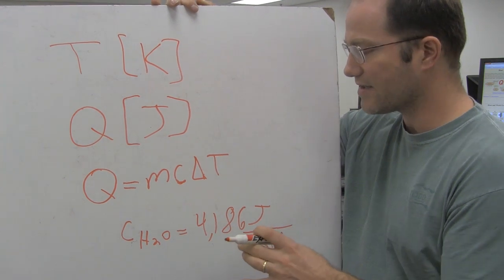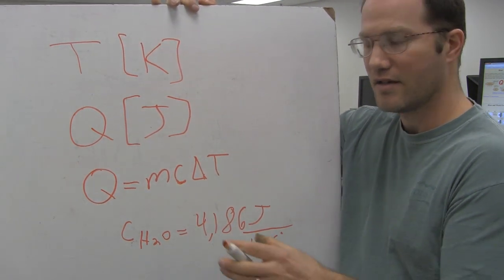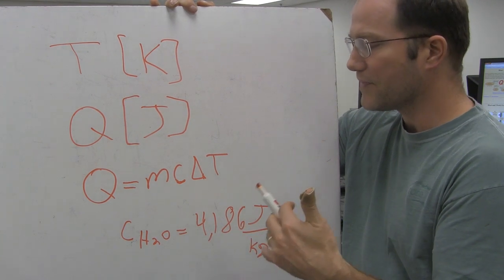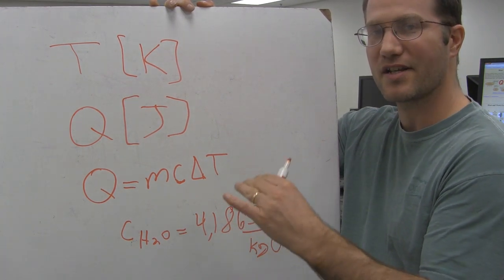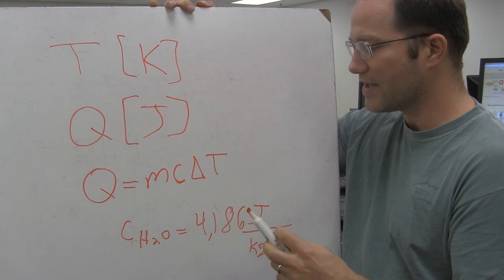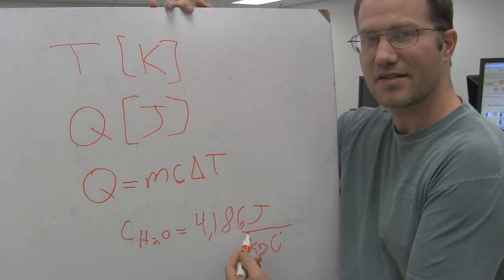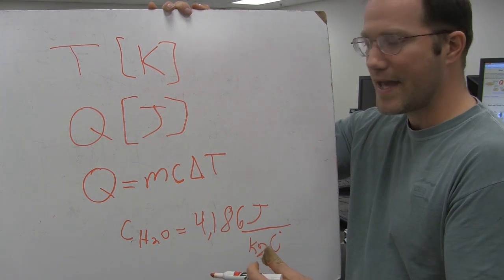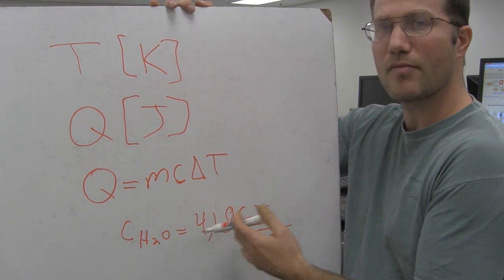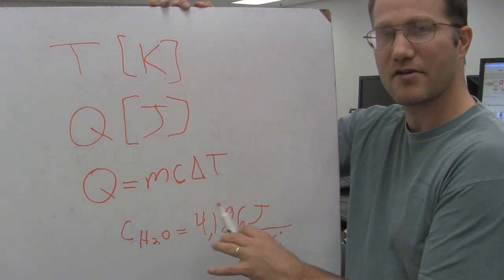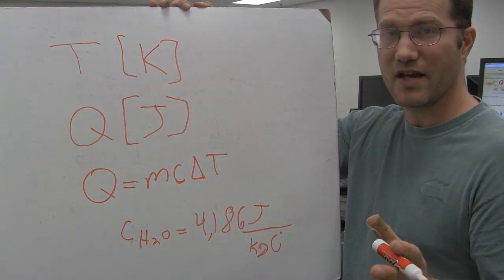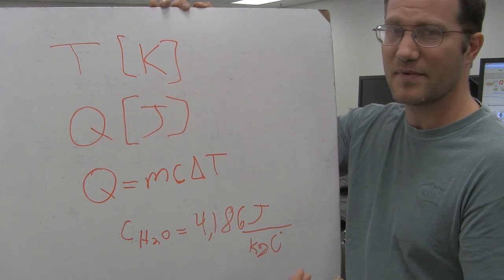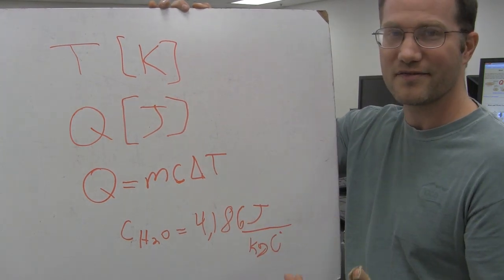What that means is, if I have a kilogram of water, basically a liter of water, and I want to increase its temperature by 1 degree, then it's going to take 4,186 joules to do that. A kilogram of a different type of material, it may require less energy or more energy to heat that material by 1 degree. So that material would have its own specific heat that wouldn't be the same as the specific heat of water.